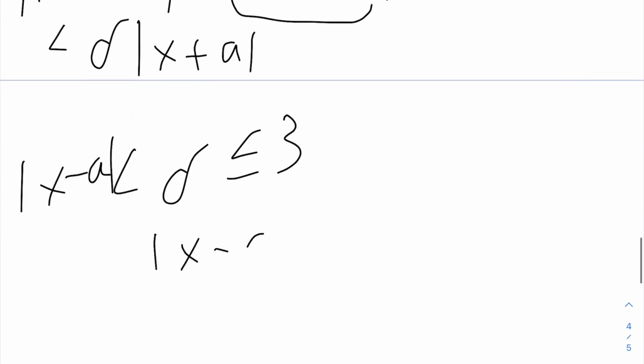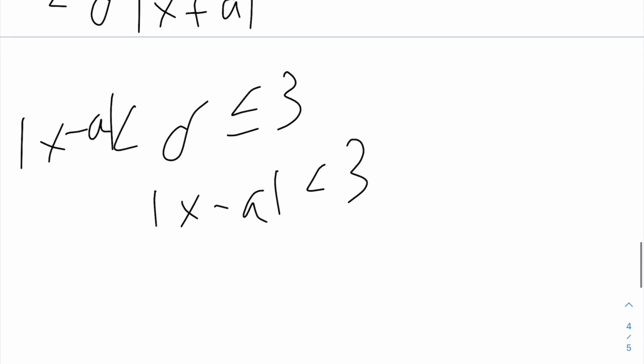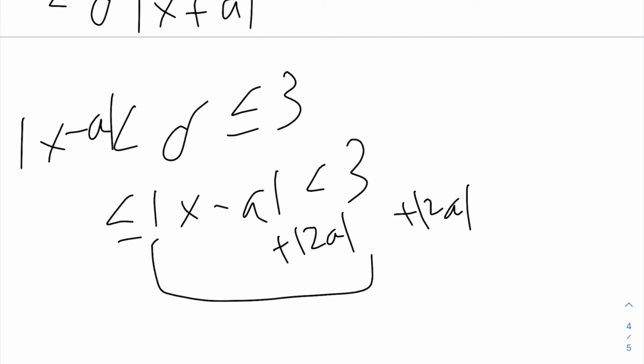So |x - a| is less than 3, and then we can add the absolute value of 2a on both sides. And then from the reverse triangle inequality, we know that the right-hand side is greater than or equal to |x - a + 2a|.